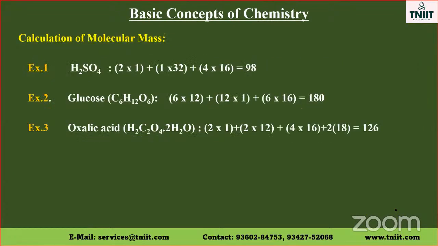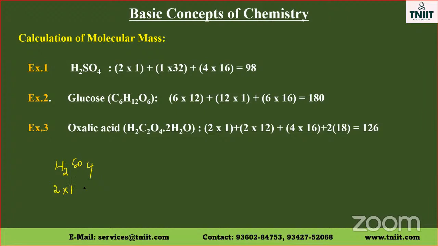Now, calculation of molecular mass. Given sulfuric acid, H2SO4, we have to calculate the molecular mass. We said molecular mass is an additive property. Now, 2 hydrogen we have, and the atomic mass of hydrogen is 1.